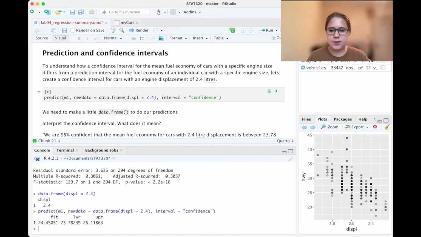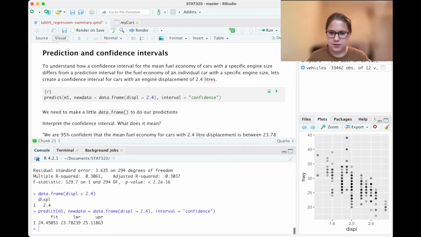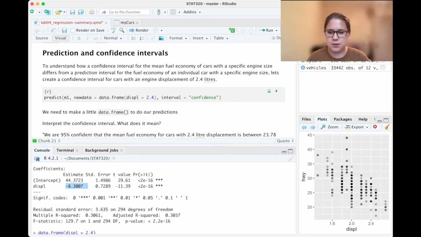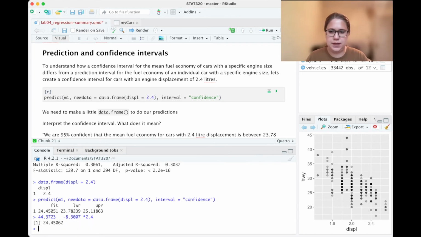And it gives me the fit. That's the predicted value, the point estimate. And then it gives me the lower value and the upper value. So this is actually my confidence interval. That fitted value, that's what I would have gotten if I would have plugged into my equation. There's my intercept, and there's my slope, and then let's multiply by 2.4. That's my point estimate, my single best estimate.